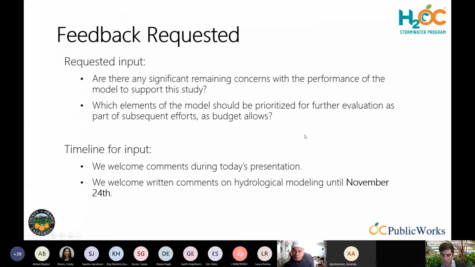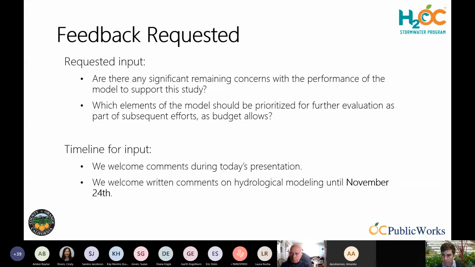So, just to signpost what we're hoping to get from you today, we are nearing the end of this special study portion of this. And SCORP is going to be doing a lot of work with the modeling results. I think what we're looking for is, are there any significant remaining concerns with the performance of the model that are really critical to resolve to support the study?